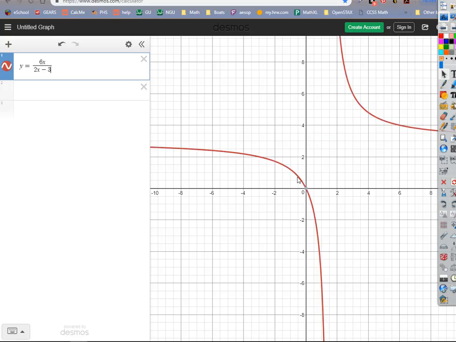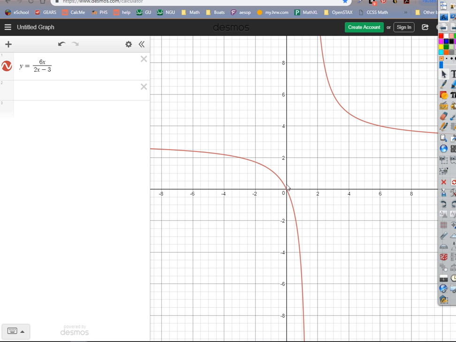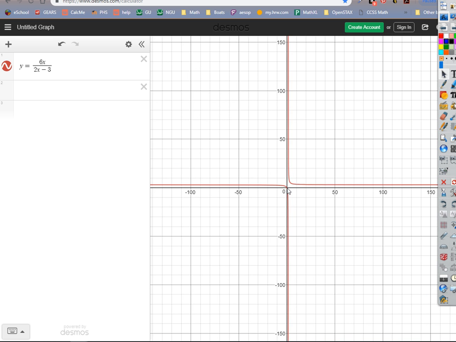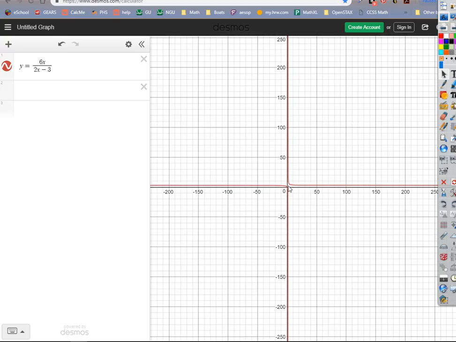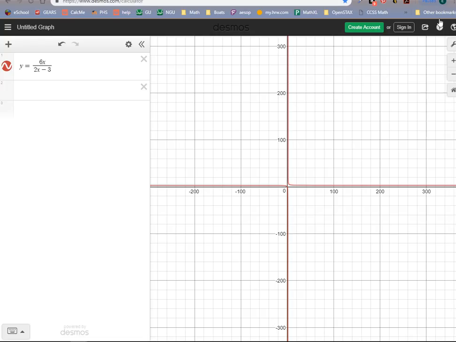Okay, the local behavior of that function is all kinds of crazy stuff. We get a vertical asymptote, it's doing all kinds of crazy stuff. But if I go out infinitely far away, notice that it starts to get very flat and horizontal, right? And that's a horizontal asymptote, okay? The further we go out, it doesn't change, right? Okay?